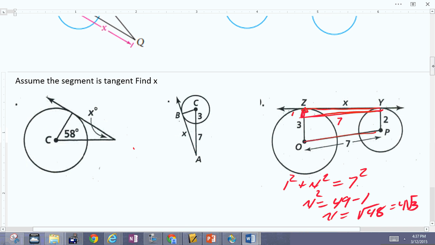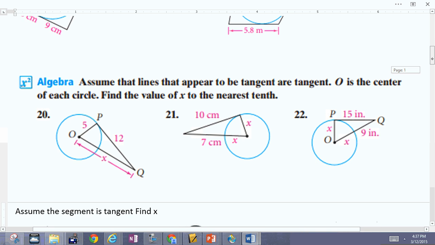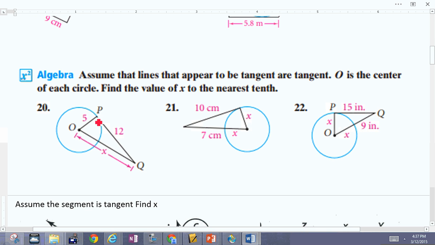Okay, up here, we look at the right triangles that are formed between a tangent and a radius. Okay, and you tag that as 5, 12. You should recognize a 5, 12, 13 triangle. Pythagoras is going to get you through the rest of these.